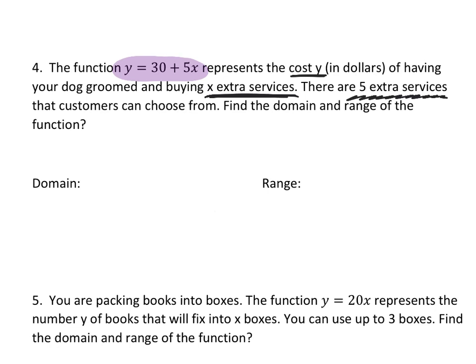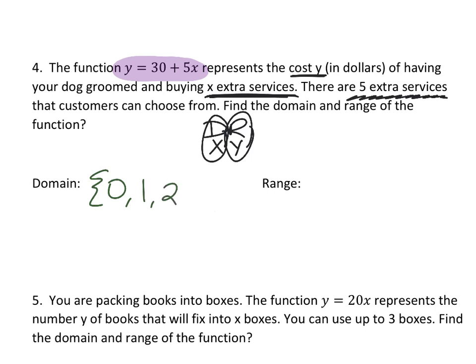The domain is the x values, where our x values are the extra services. What's the least number of extra services? 0. I could just show up and get my dog groomed, right? So I could have no extra services. I could have 1 extra service.